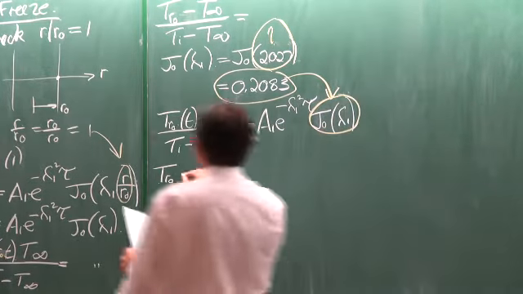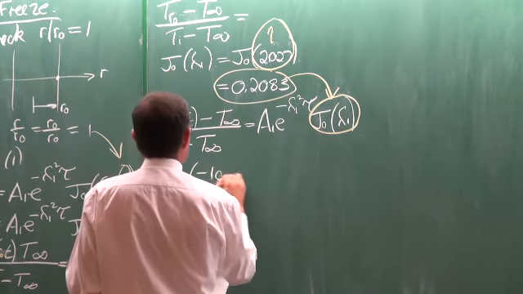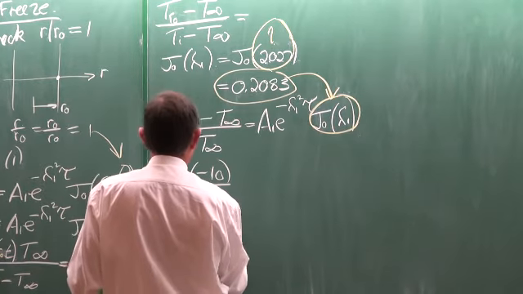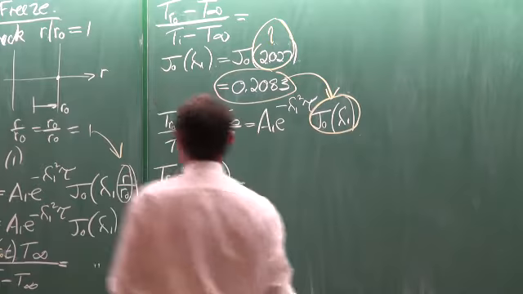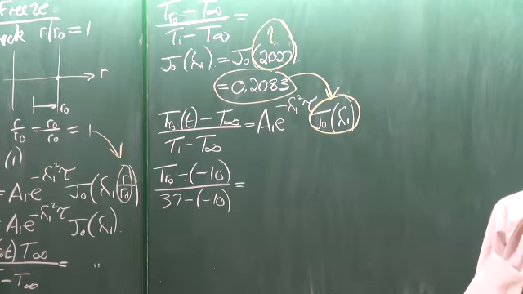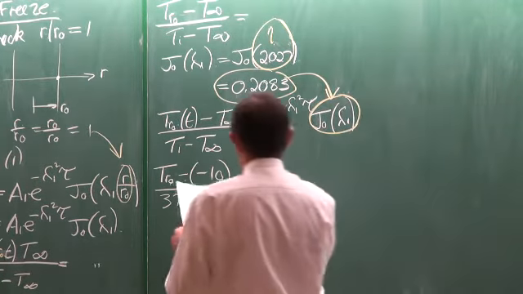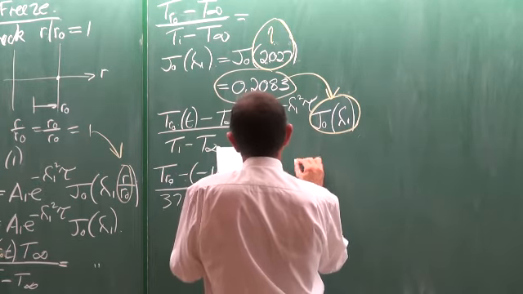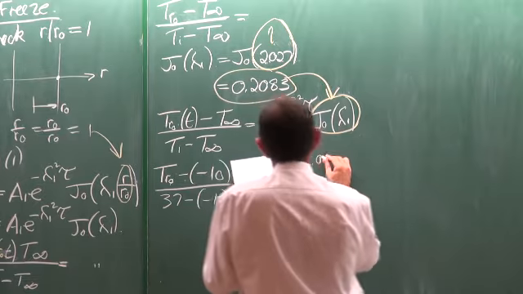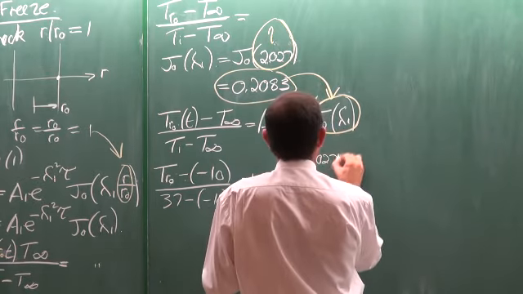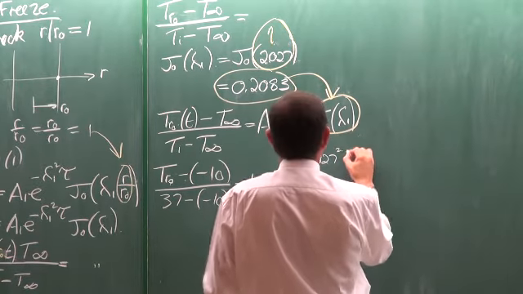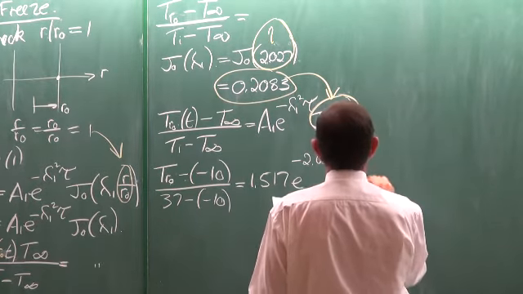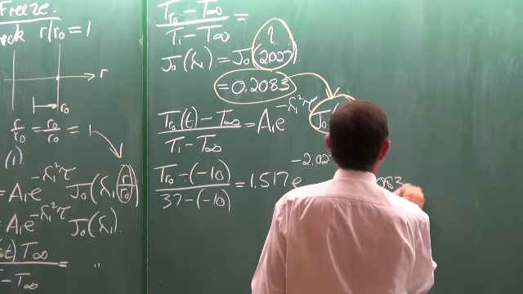So minus 10 over 37 minus 10 is equal to A1, which is 1.517, e to the minus 2.027 squared, multiplied by tau, multiplied by 0.2083.